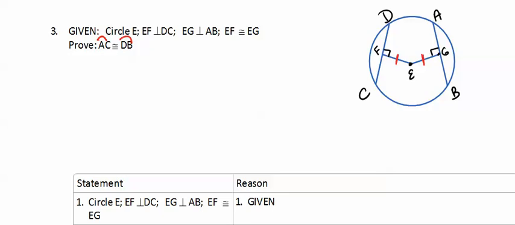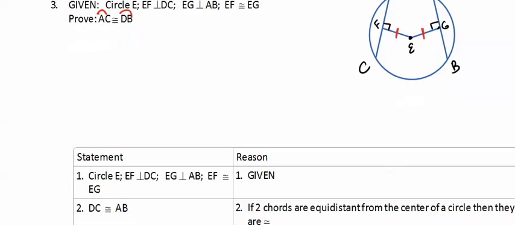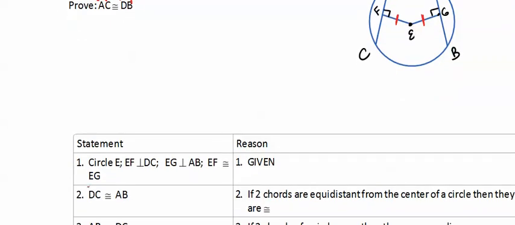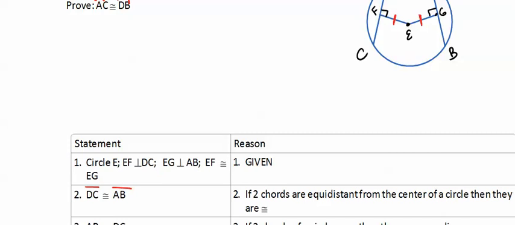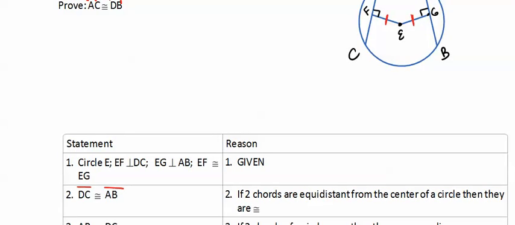And since we know that EF is congruent to EG, that tells us the two chords, DC is congruent to AB. And that's based on the theorem from the previous section. If two chords are equidistant from the center of a circle, then they are congruent.